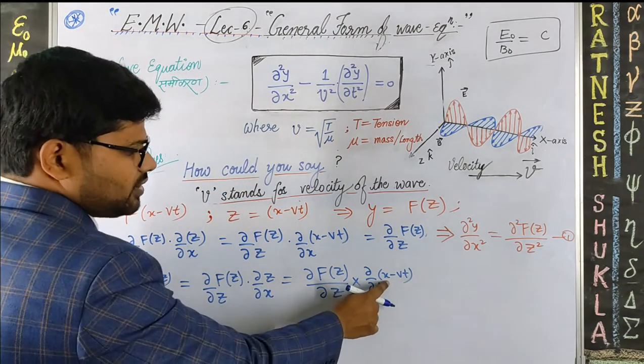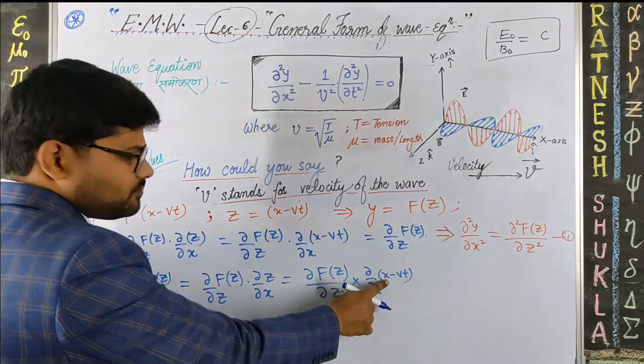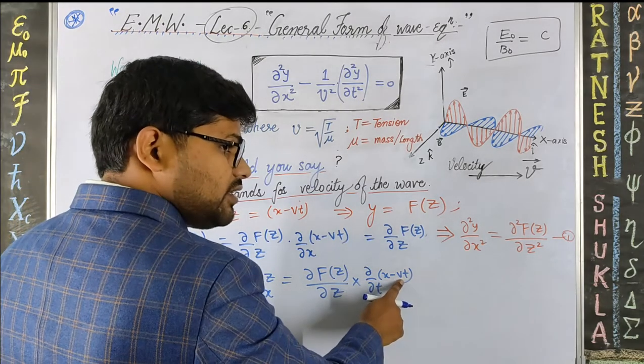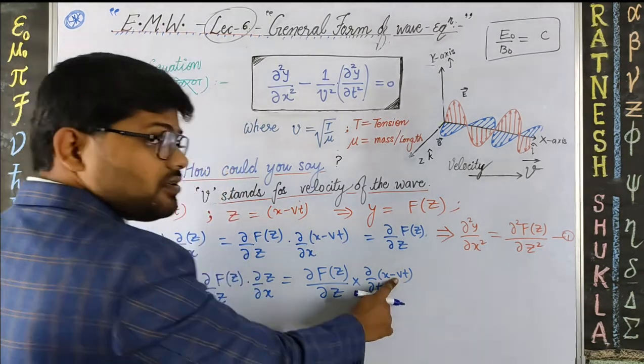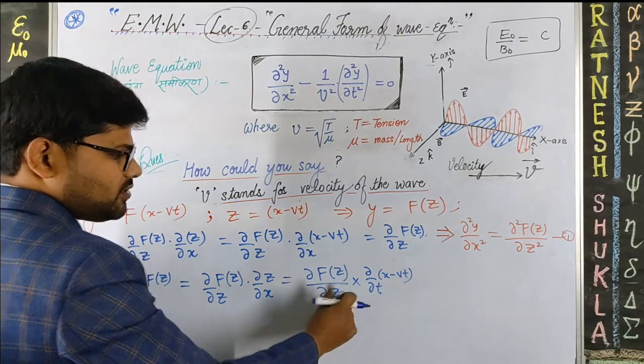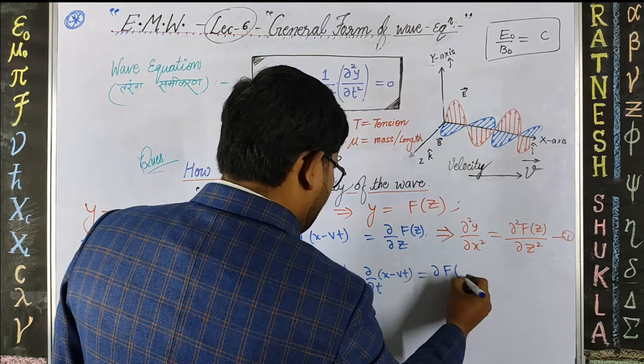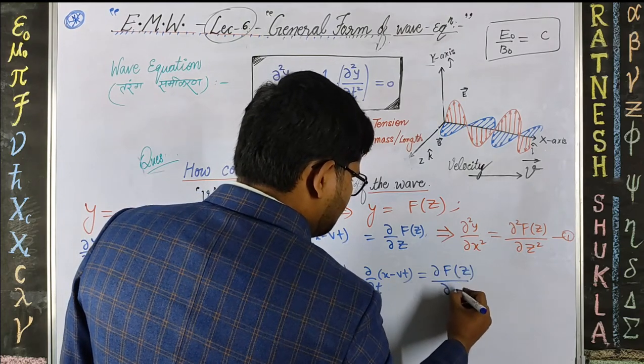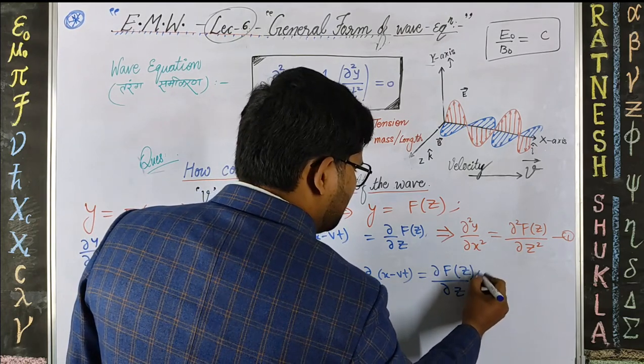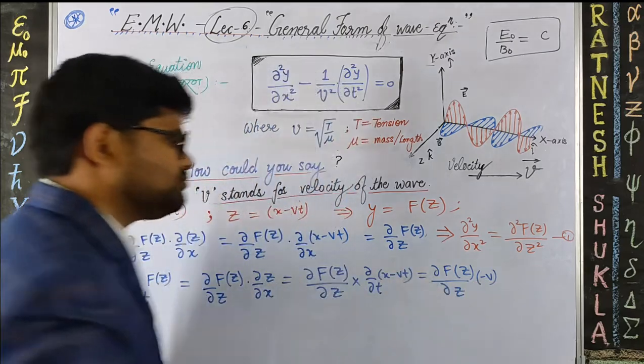If you differentiate, you will get d/dt of x is 0, d/dt of minus vt is minus v, 0 minus v. Multiply by minus v, you will get df of z with respect to z multiplied by minus v.